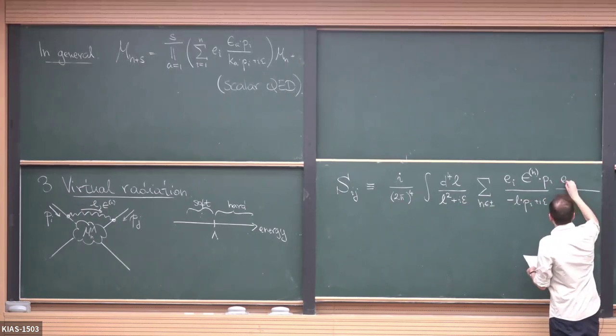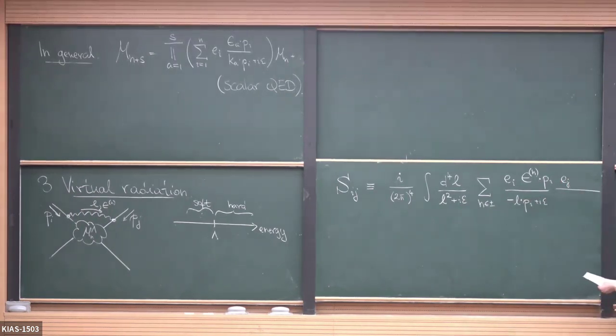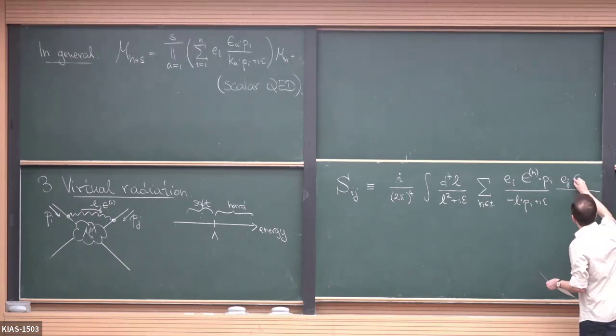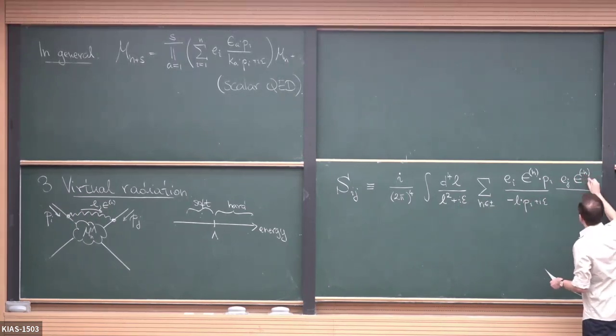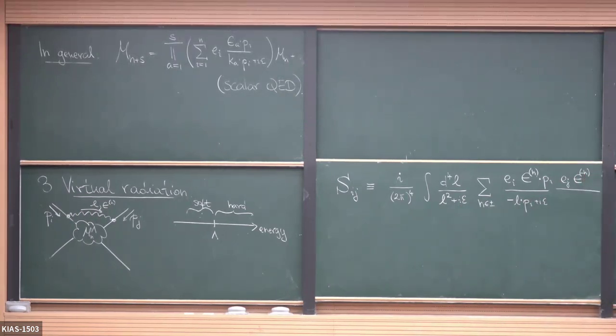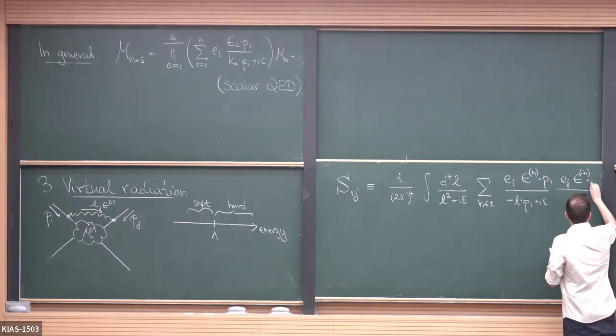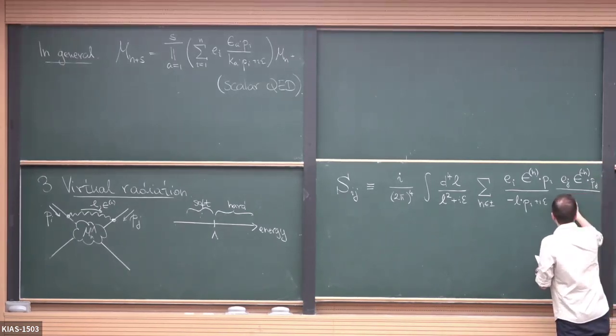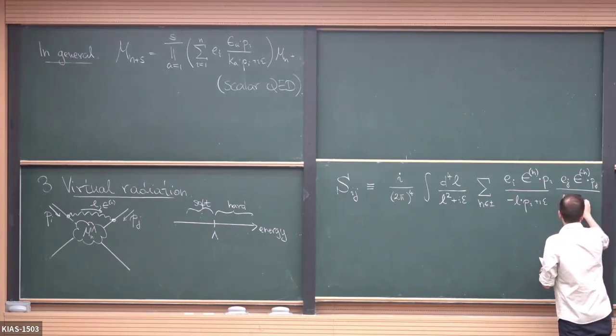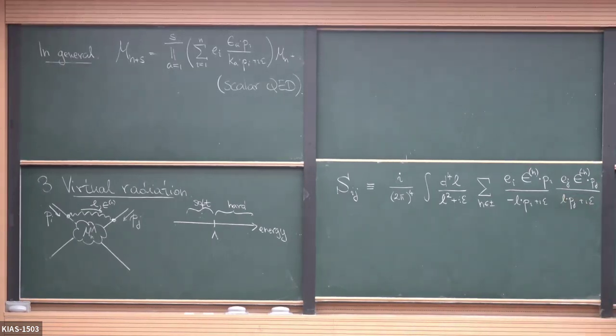And from the second factor, I'm going to have the j contribution with minus the helicity, because the helicity is viewed as incoming from one perspective, but outgoing from the other, dot pj, and then L dot pj plus i epsilon.